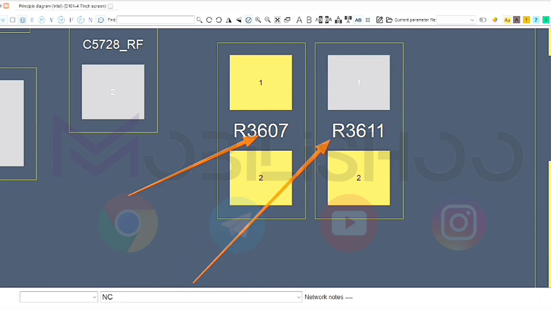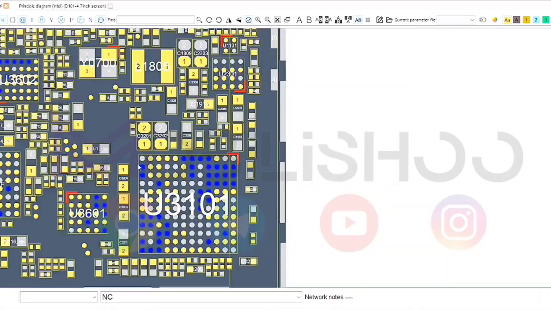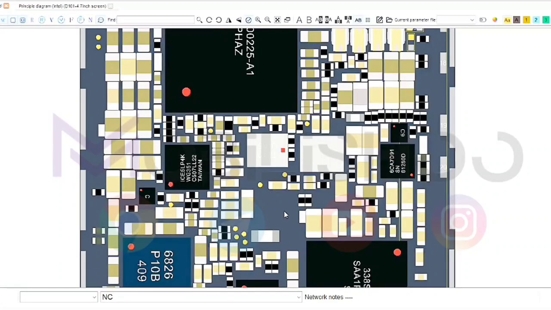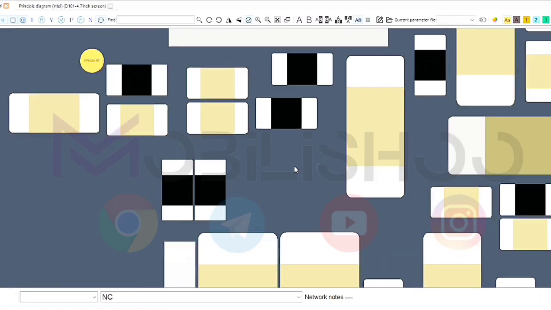Let's zoom out of the board and show the board view. As you can see, the components have different colors. We have black and cream components. Generally, the resistor is black with its own size bases. I will choose this component. As you can see, the R term is displayed in this section.